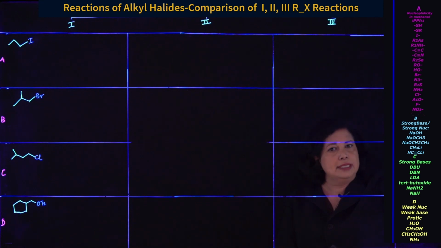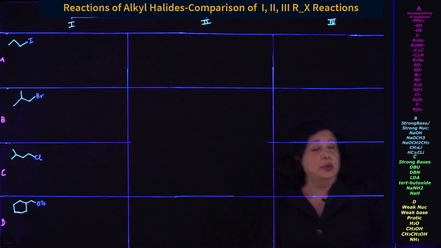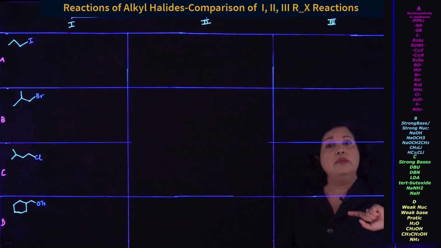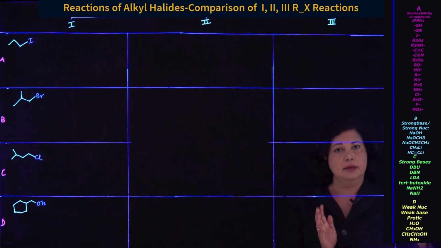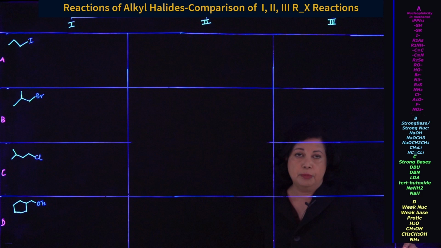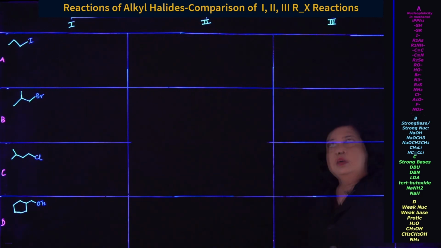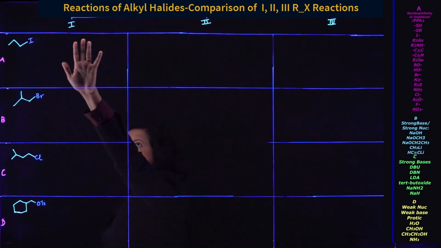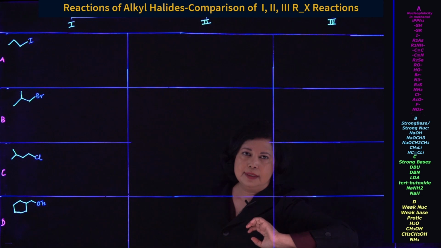And then the weak ones like acetates and chlorides, and in protic it would be fluorides. However, if you have aprotic, then fluorides would be better than chlorides, chlorides better than bromides and iodides due to hydrogen bonding.